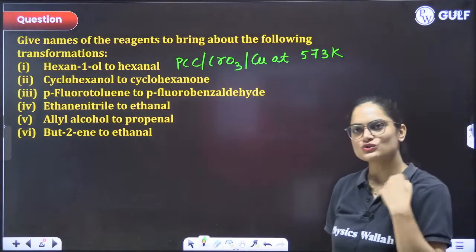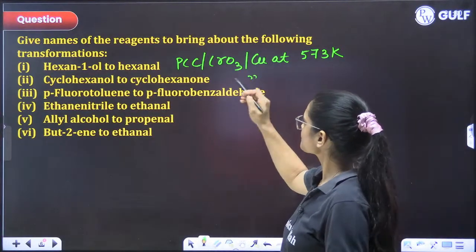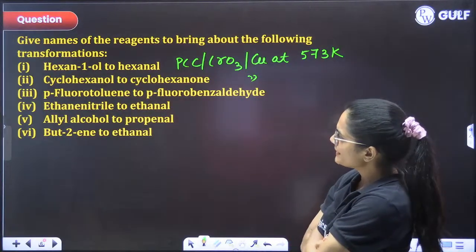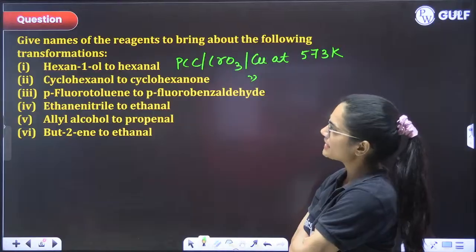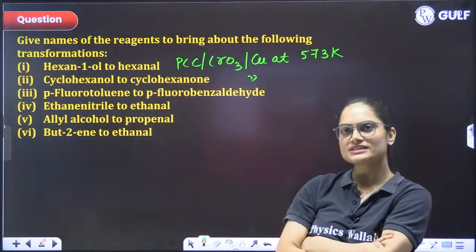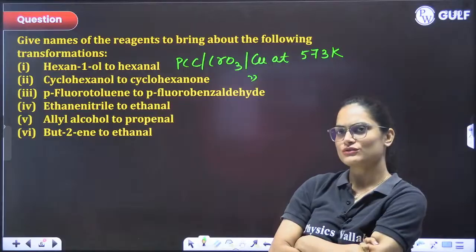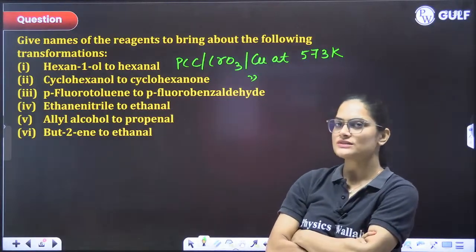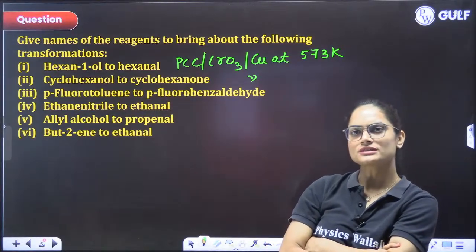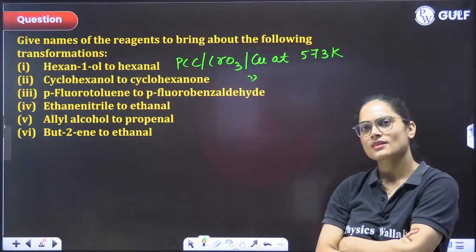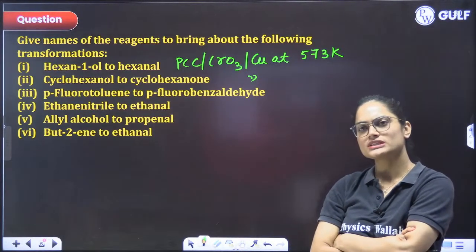So again, you can use any of them, same. Third one here we have is 4-fluorotoluene to parafluorobenzaldehyde. Can you tell me the name of this reaction? Etard reaction, very good. And which reagent do we use in Etard reaction? Which reagent do we use in Etard reaction?